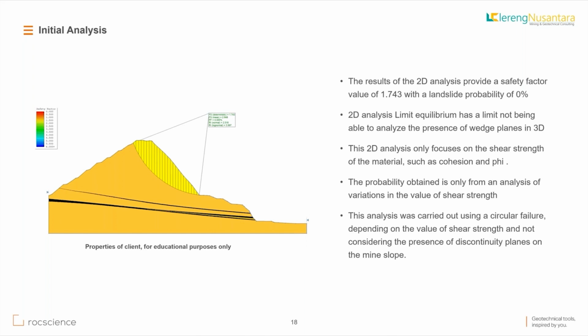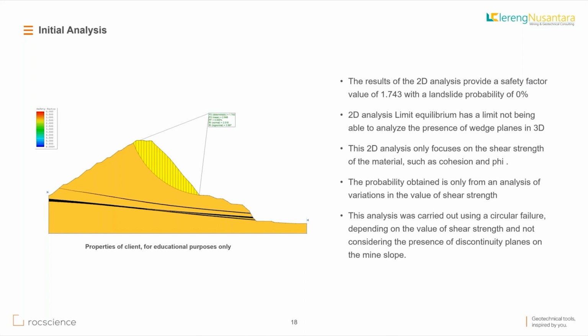The result of the 2D analysis provides a safety factor of 1.7, so it is safe, and the probability of landslide is only 0%. But 2D limit equilibrium analysis has a limit, not being able to analyze the presence of wedge failure or wedge planes in 3D. And this 2D analysis is only focused on the shear strength of materials, such as cohesion and phi, not the discontinuity.